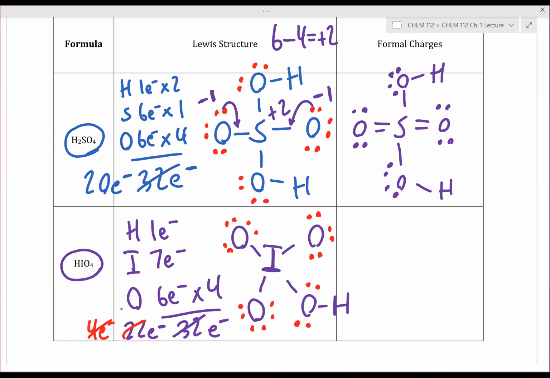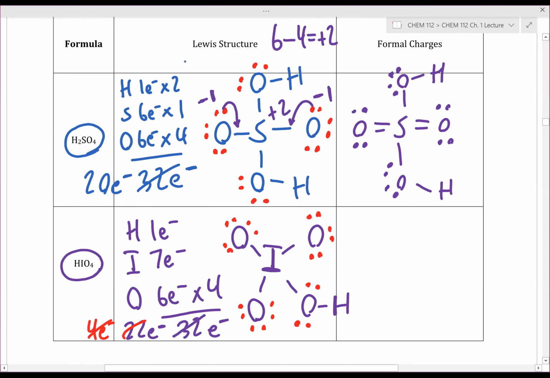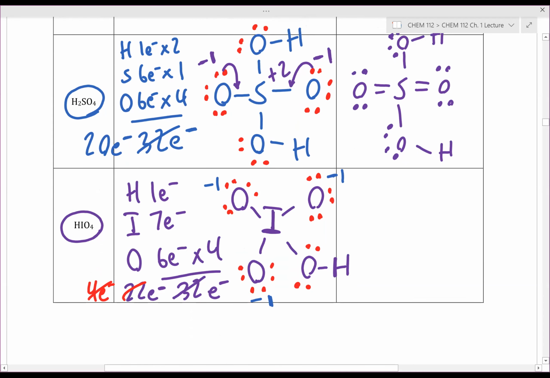So we are out of electrons right now. However, even though we fulfilled the octet of every single atom, do we have a formal charge issue to worry about? Yes. So let's take a look at our formal charges. So first and foremost, each of these oxygen atoms have a formal charge of -1. Let's look at that iodine atom in detail.